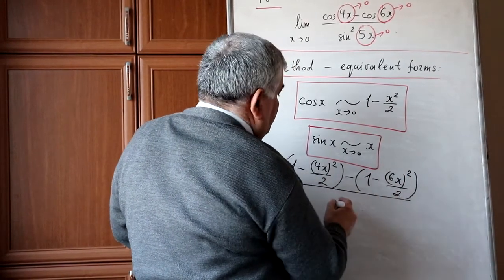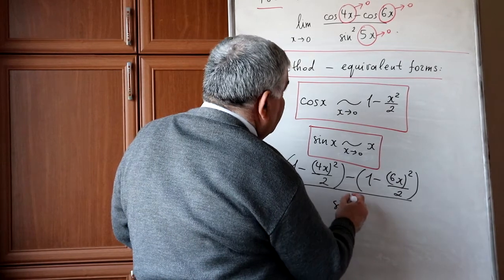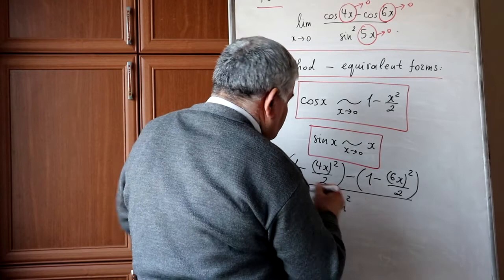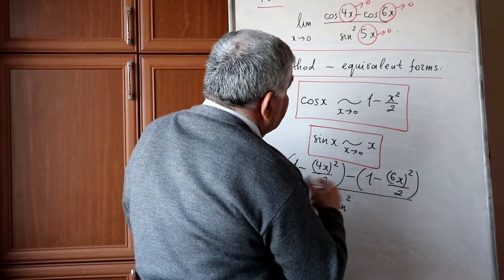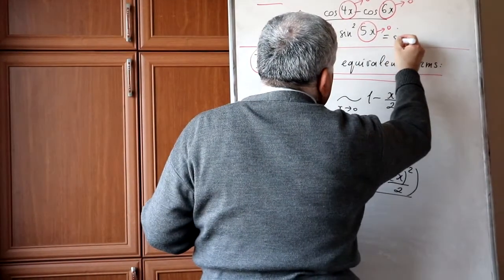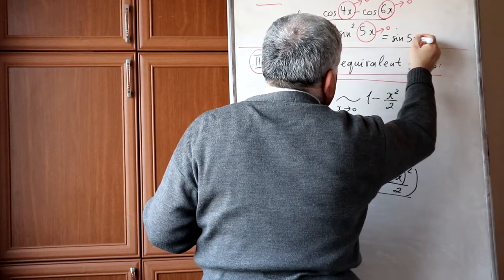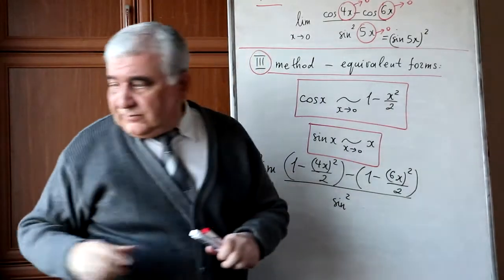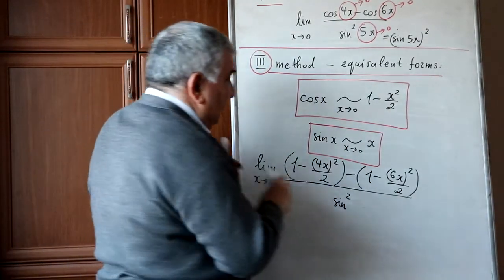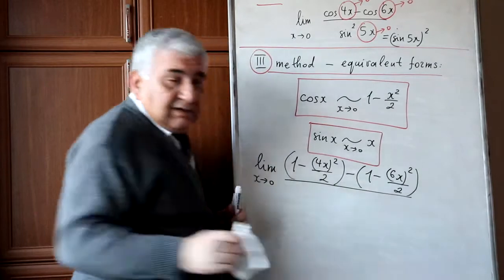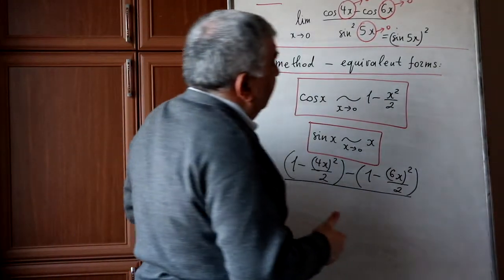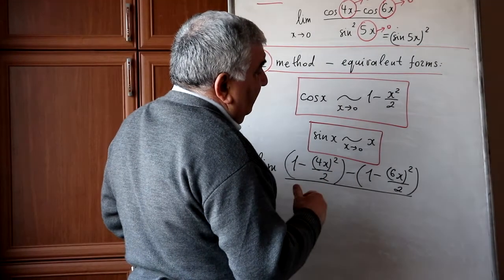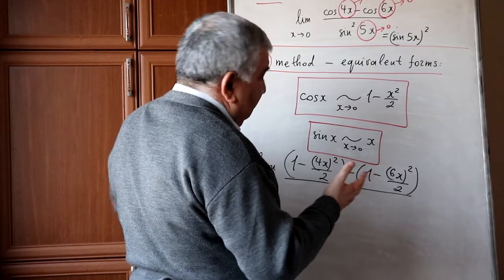divided by sine squared 5x. I'm sorry, we can write it as sine 5x squared, and remember that if the argument of sine tends to 0, we can remove the sine symbol.